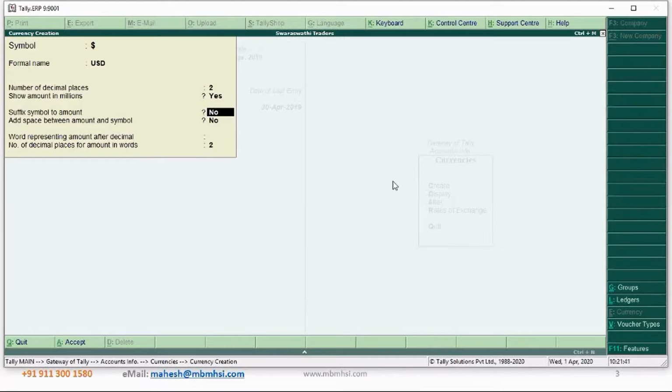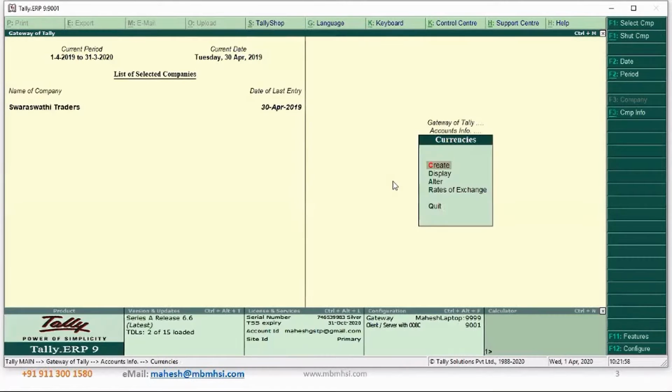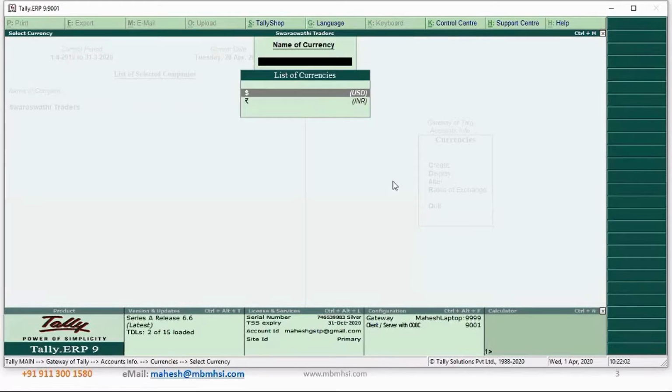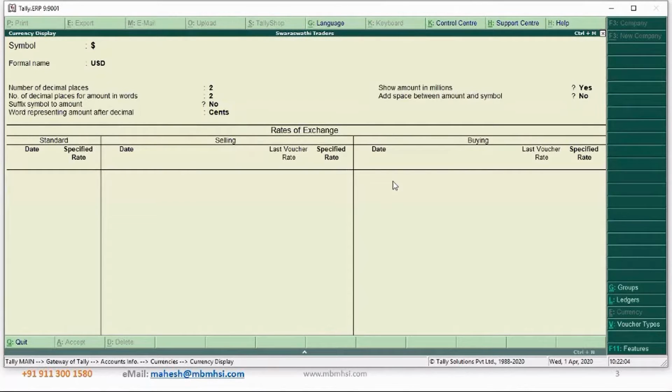If you want to suffix symbol to the amount, you could do that. Add space between symbol and amount if you want to do all these things. Word representing amount after symbol, cents. Number of decimals 2. Okay, so you have enabled it. So you have created one more currency, which is US dollars.